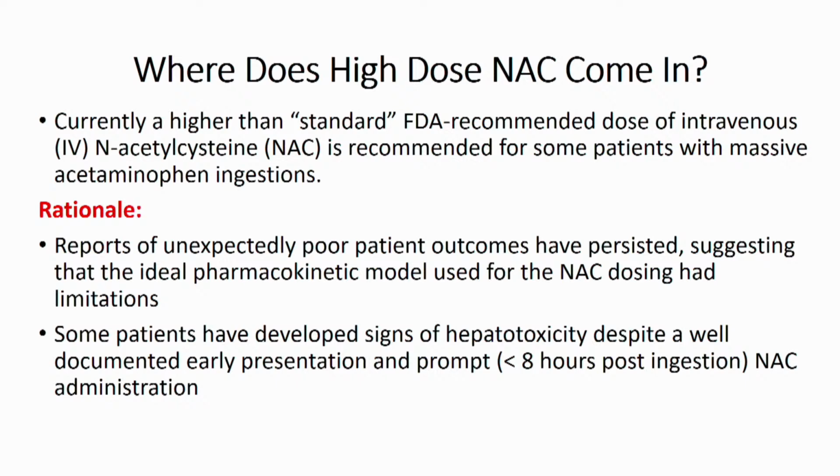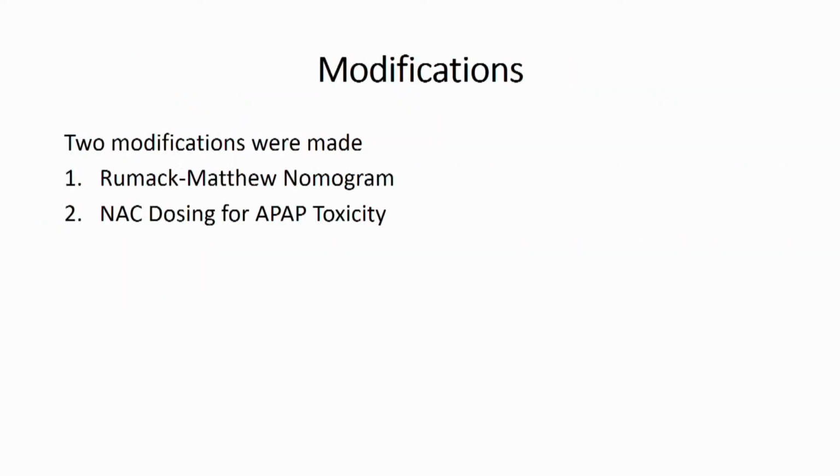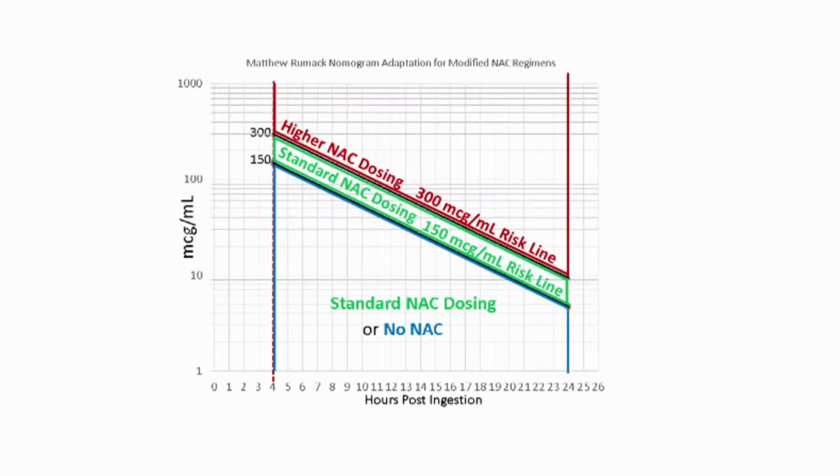So people came up with modifications, and the modifications were two. One included the modification of the Rumack-Matthew nomogram, and the second is the dosing of NAC in acute paracetamol toxicity.